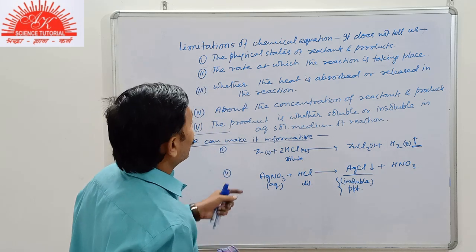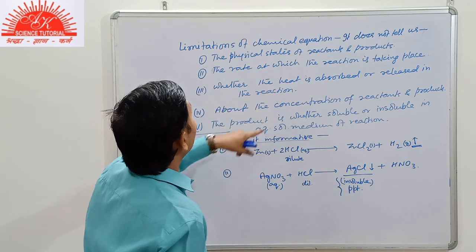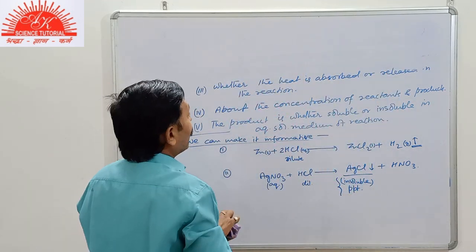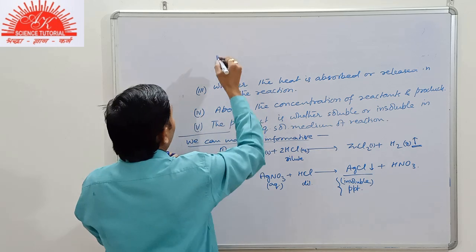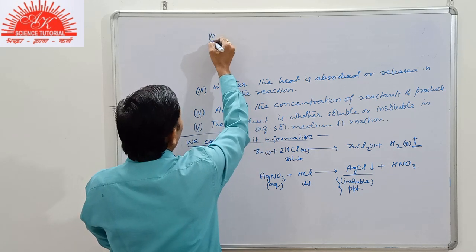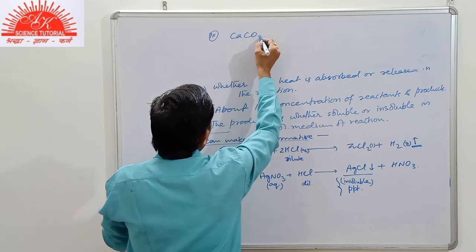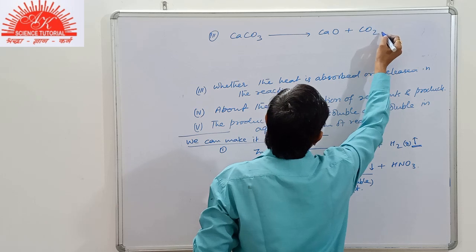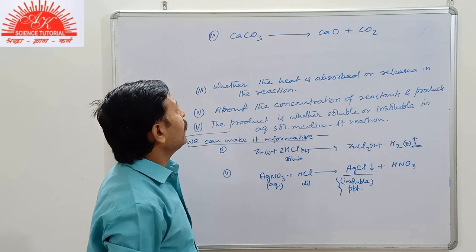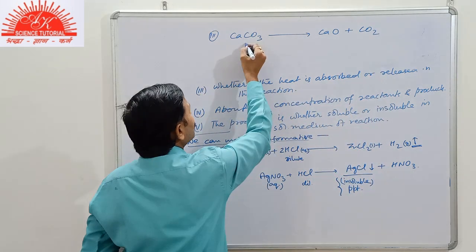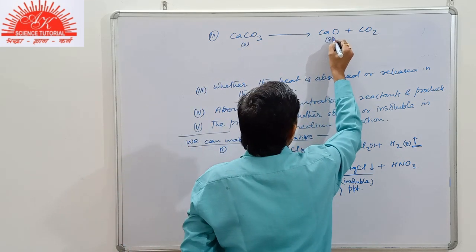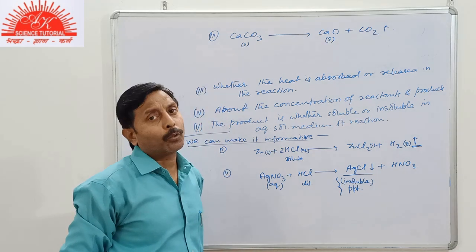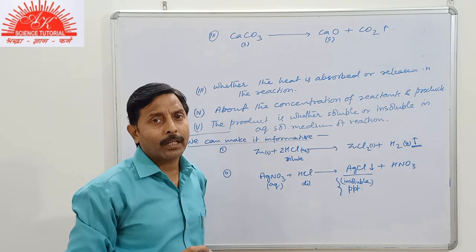Now further we can use the term for heat produced or released. Suppose we write a third equation: calcium carbonate gives calcium oxide plus CO2. In this case, this is solid, this is gas. How will the reaction proceed? What is the condition required?